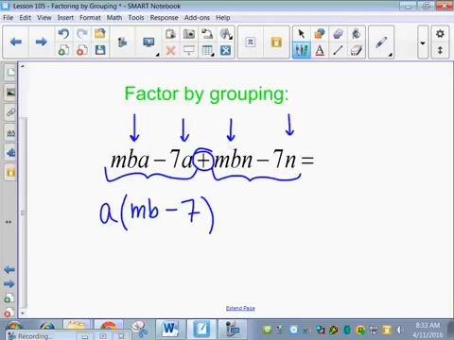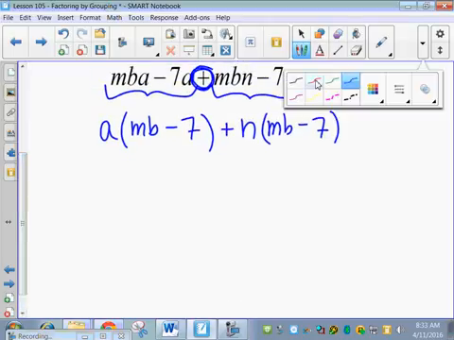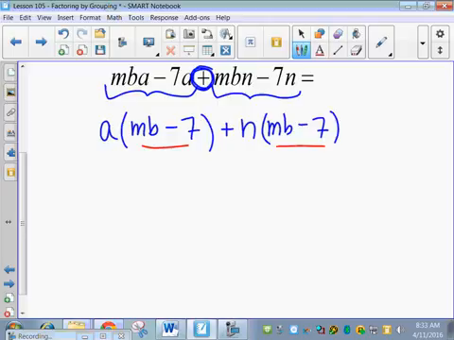If the third term is positive, you guys, you need to pull out a positive n. If the third term was negative, we would take out a negative n, all right? So now I have what's left. The n came out. We have mb minus 7. So remember that those parentheses have to match, right? mb minus 7, mb minus 7, those have to match or you messed up, okay?